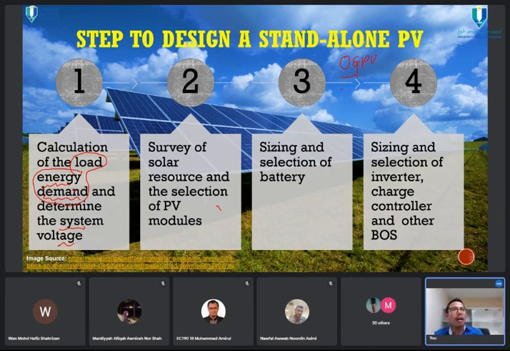After that, we calculate and choose the suitable PV module size, and we also choose the battery. What is the appropriate storage battery for that system? The mistake that happens in many newbie PV installers or PV lovers: they have budget, of course, they have money, but at a certain point they don't plan it, maybe because they haven't read the proper books.